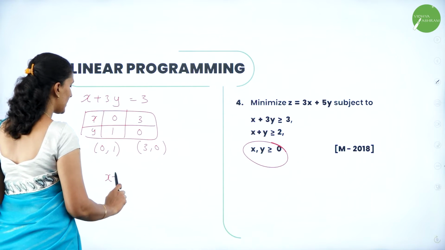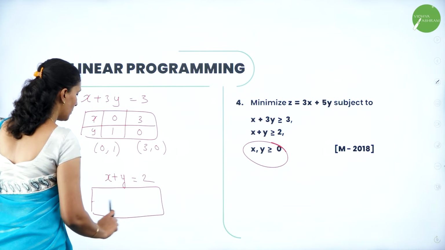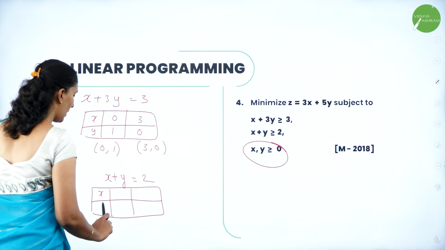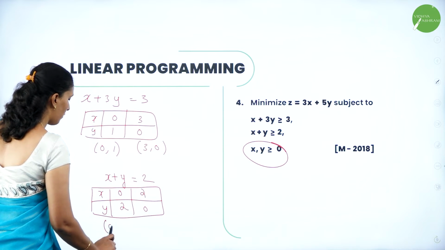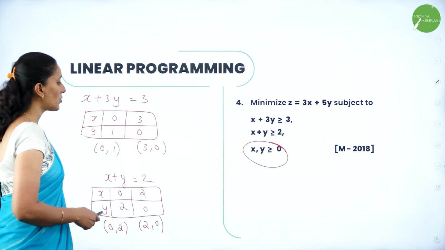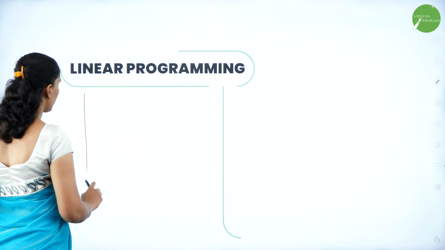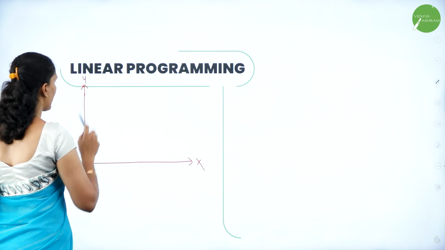Next equation is x plus y is equal to 2. Very simple to write here. x, y: 0, 2 and 2, 0. So the coordinates are 0, 2 and 2, 0. So let us draw the graph for this. We have the x-axis as well as the y-axis.